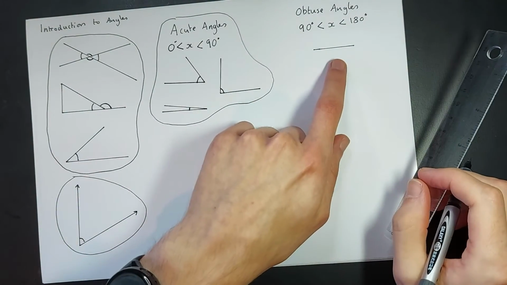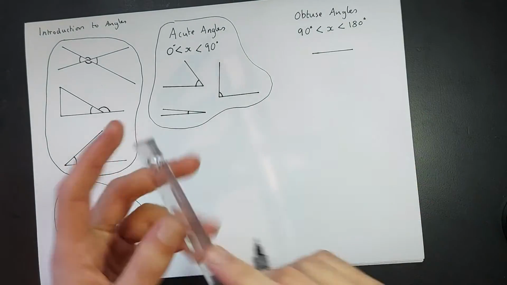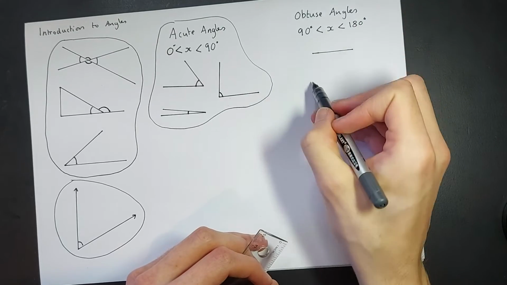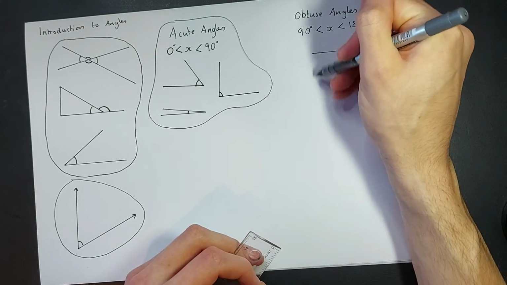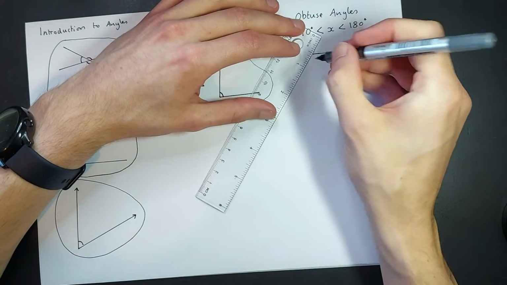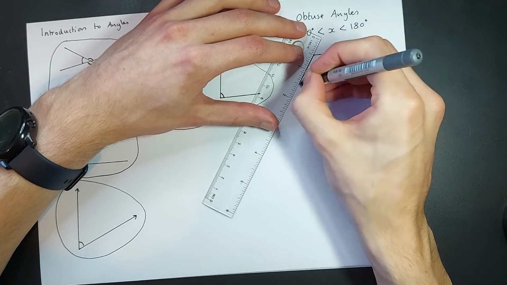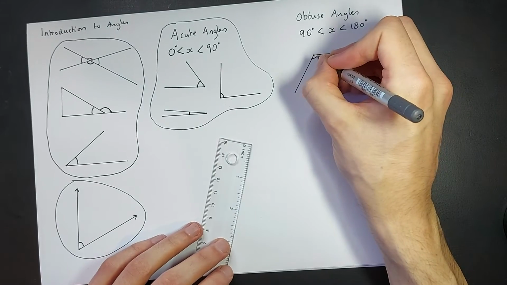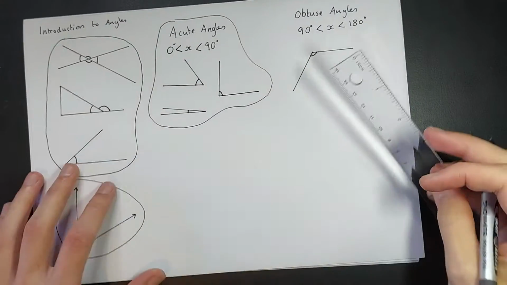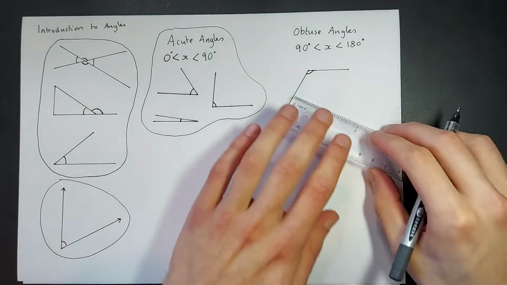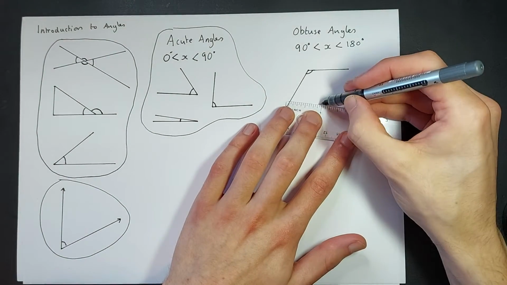From this line, 90 degrees would be, well, you could either go 90 degrees this way or 90 degrees this way. Let's go down, shall we? So 90 degrees down would be down like this. Let's just go a little bit past that. Let's say something like this. That angle created there is an obtuse angle. Let's do another one. Let's say we have one really close to being 180 degrees.